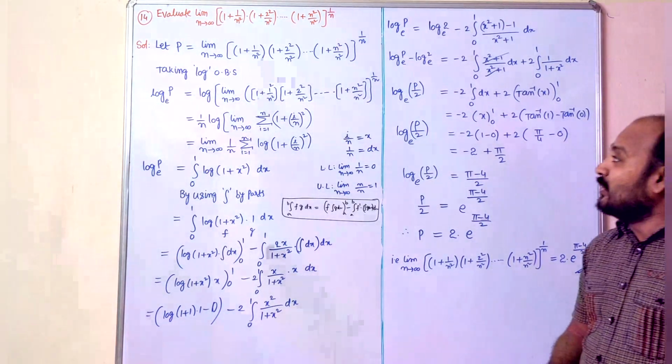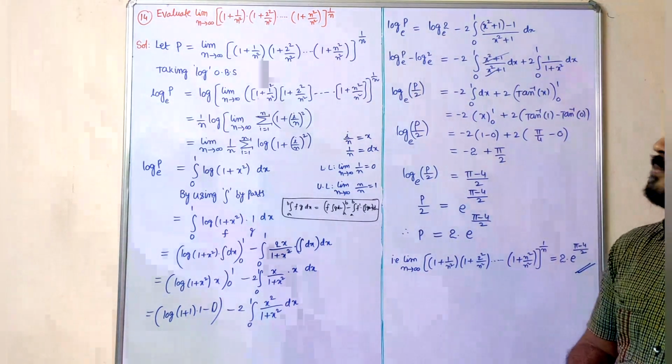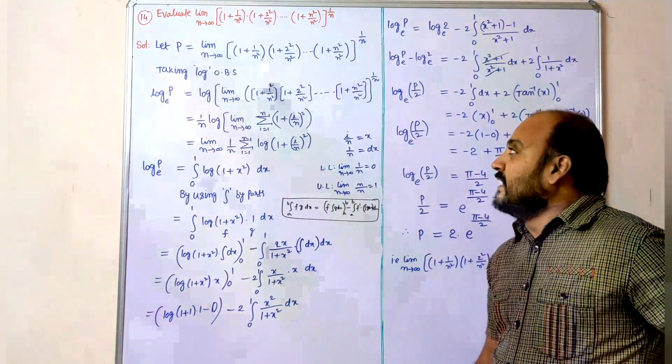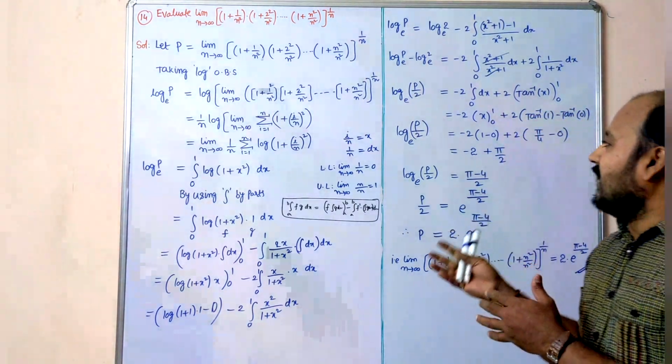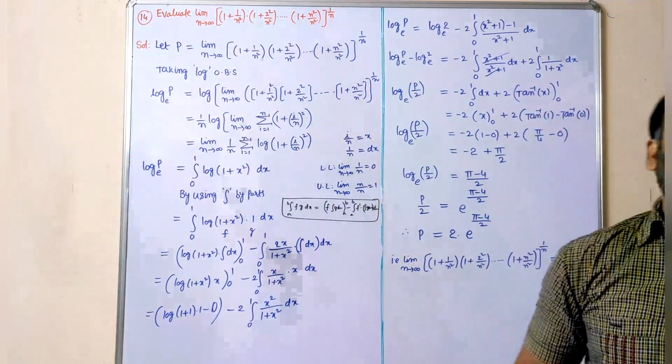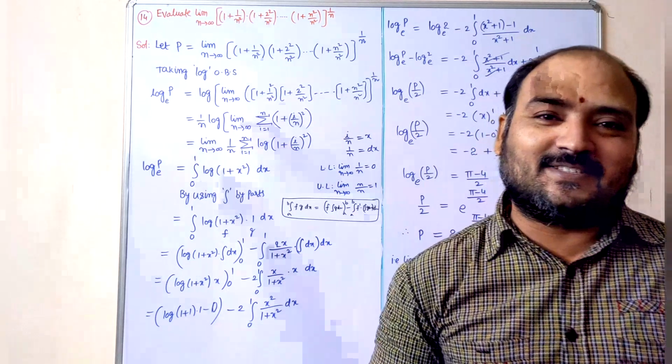This is the way we can do this, students. This is a very important whole power 1 by n type of question we may expect in EAPCET and JEE Mains. Of course it is a little lengthy, but for your understanding I am explaining clearly. We will move on to the next question, the last question in this exercise.